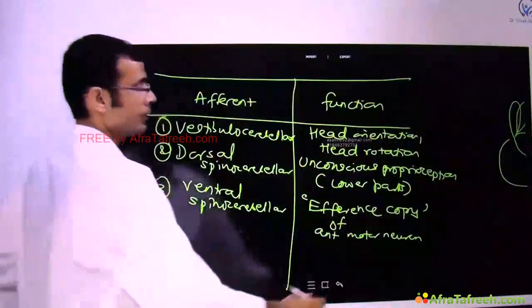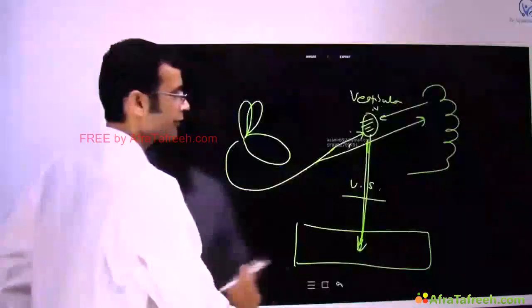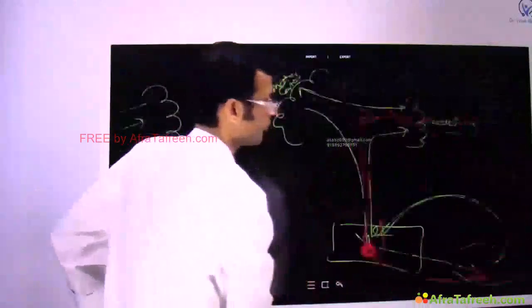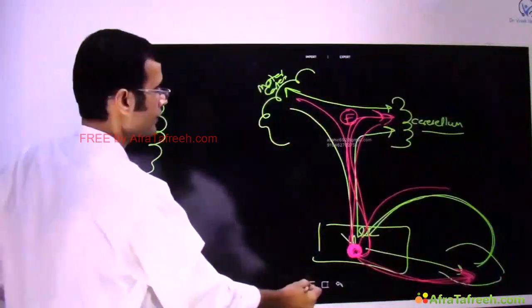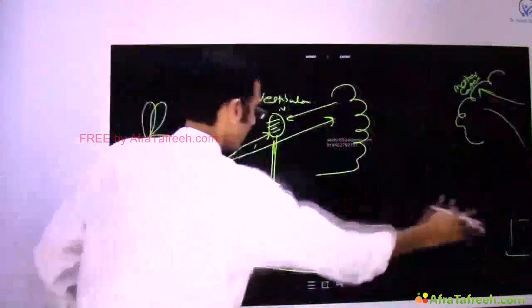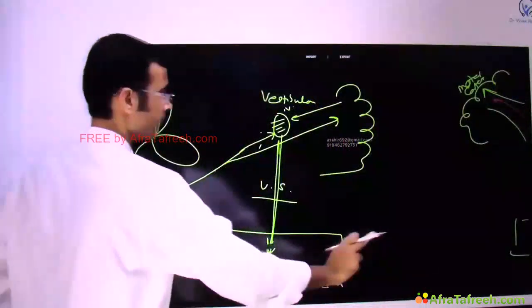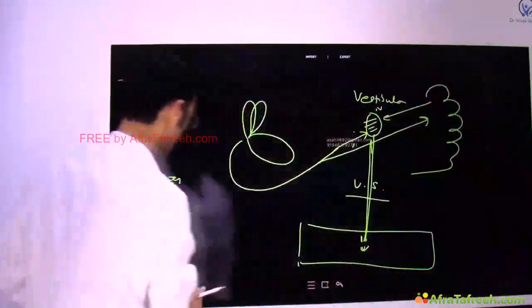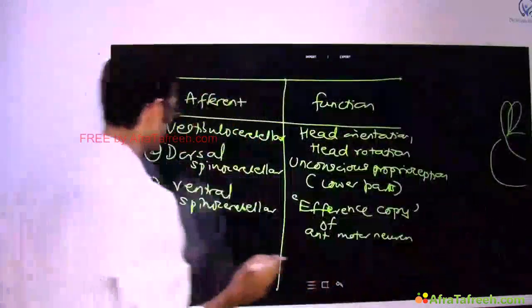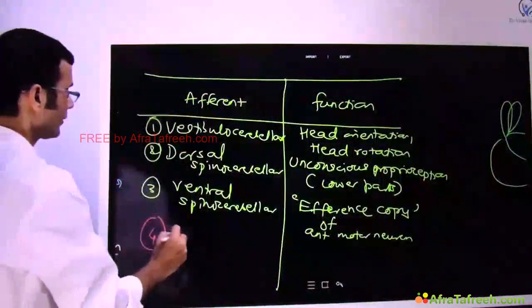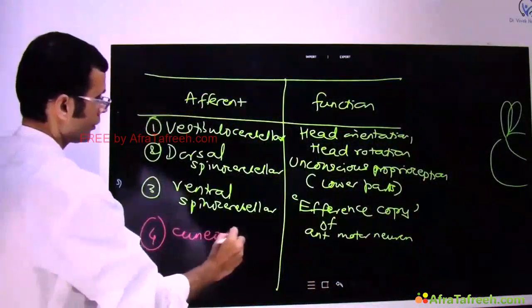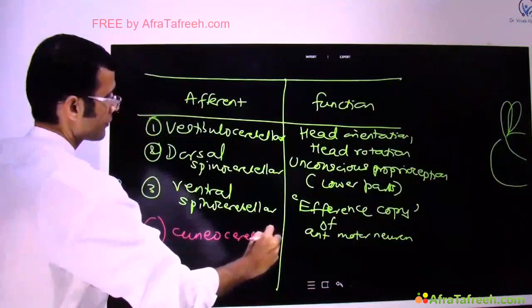So, we are talking about the afferents into the cerebellum, ventral spinocerebellar. Next, the next fiber coming into the cerebellum would be the cuneo-cerebellar tract.